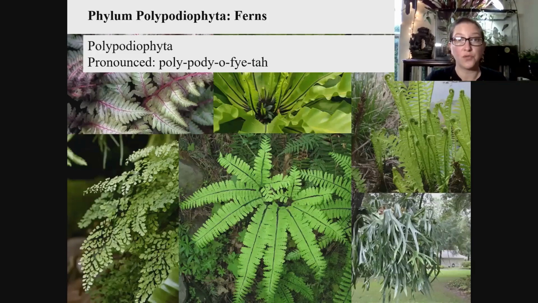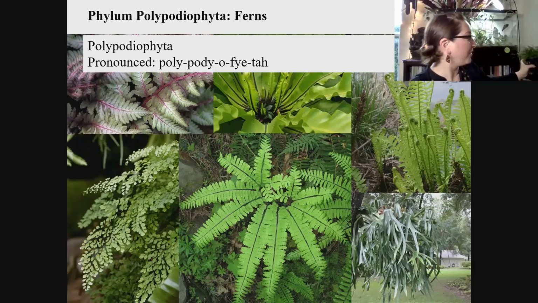And then ferns. Ferns are also spore-shedding plants that are vascular. And here's a little group of ferns. For the purposes of this class, I broke out some of my ferns so that you can see real ferns in real life.